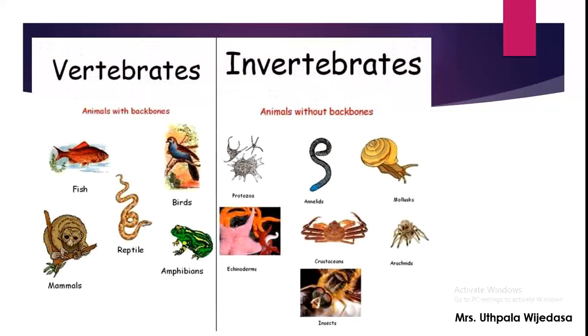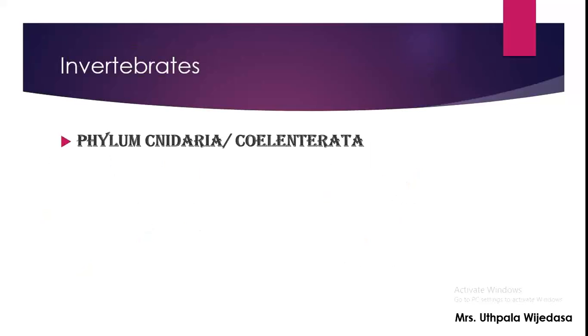Here you can see different types of vertebrates and invertebrates. We will discuss these invertebrate groups first. Invertebrates are divided into 5 main phyla.